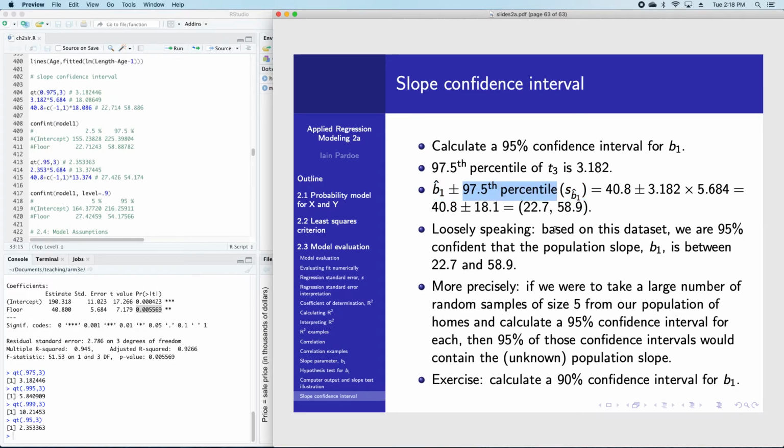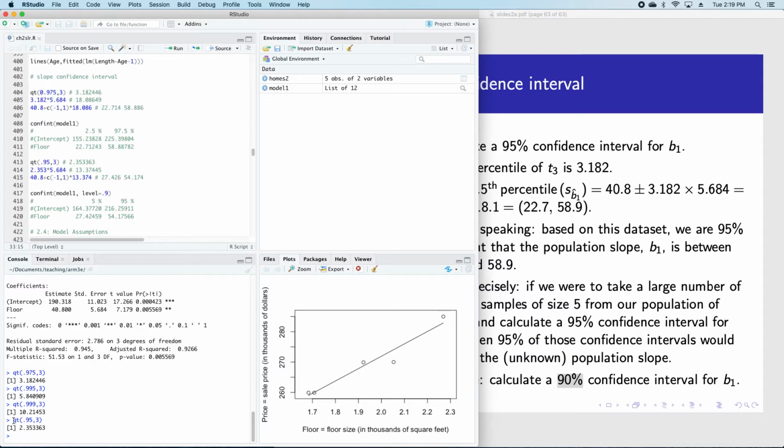So if we need to use a 97.5th percentile for a 95% interval, for a 90% interval, we're going to have to put 5% in each tail to have 90% left over in the middle, and so we need the 95th percentile.